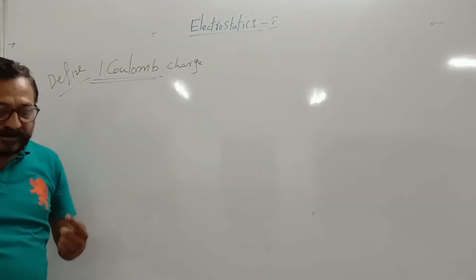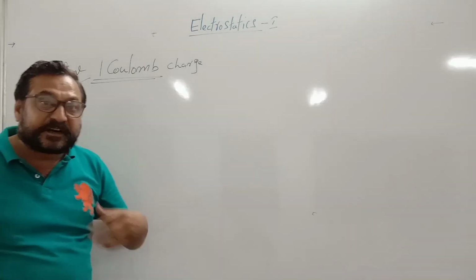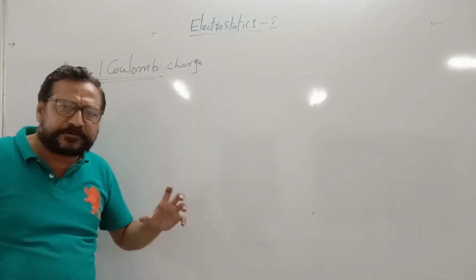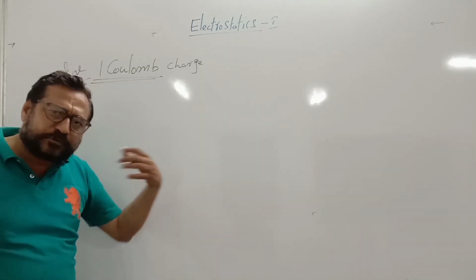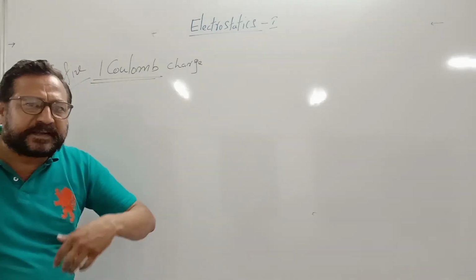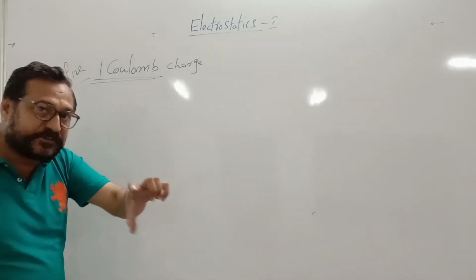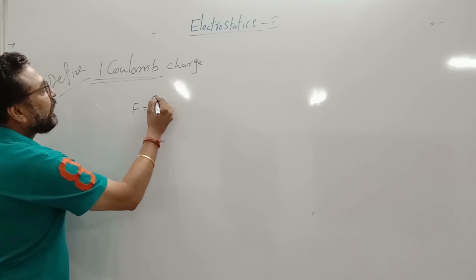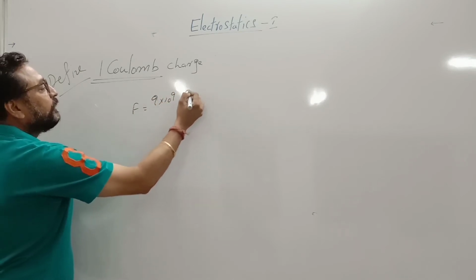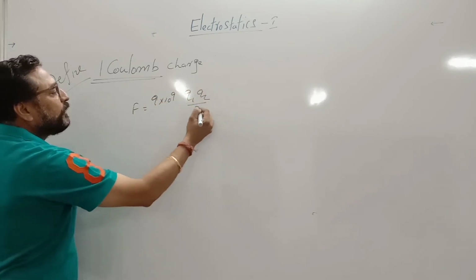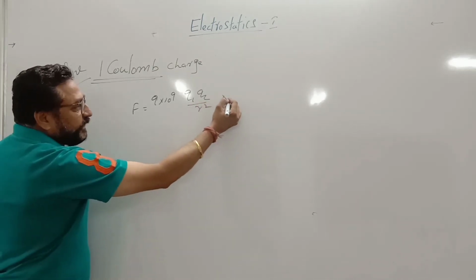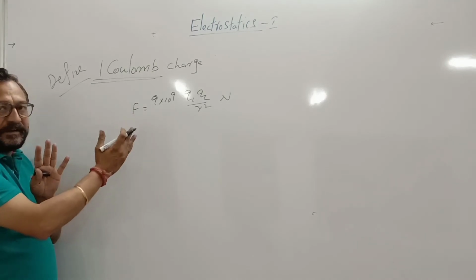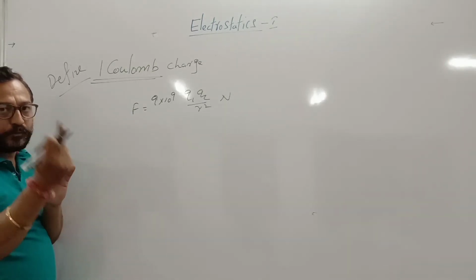Otherwise, you will have to memorize it from the book. You derive it yourself and develop a new dimension on your own. Easiest formulation, right? F is equal to 9 into 10 to the power 9 Q1 Q2 upon R square. It is measured in Newton. Then we put all the values together and we define what is 1 Coulomb charge.